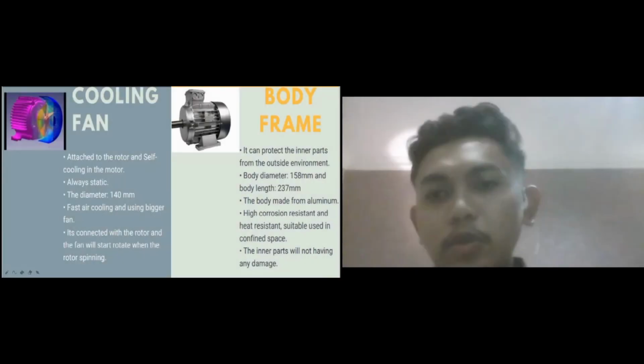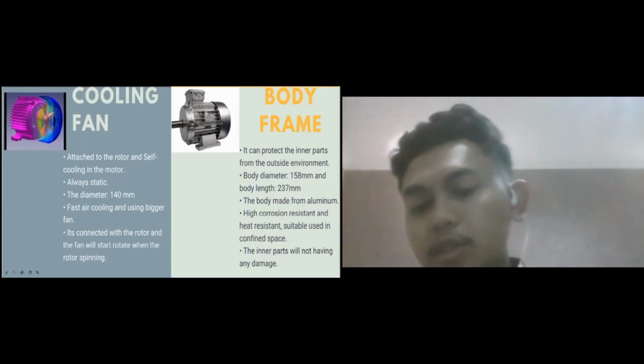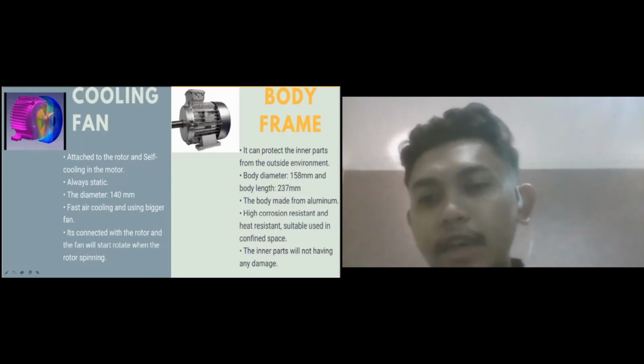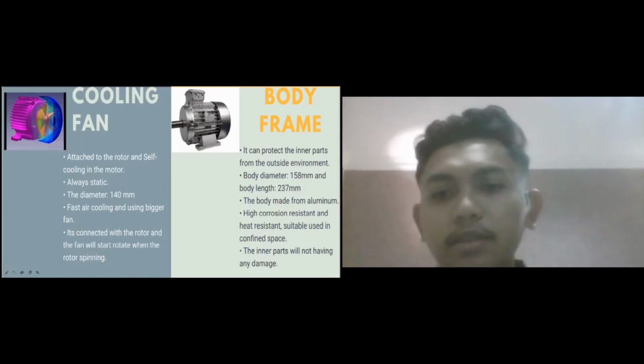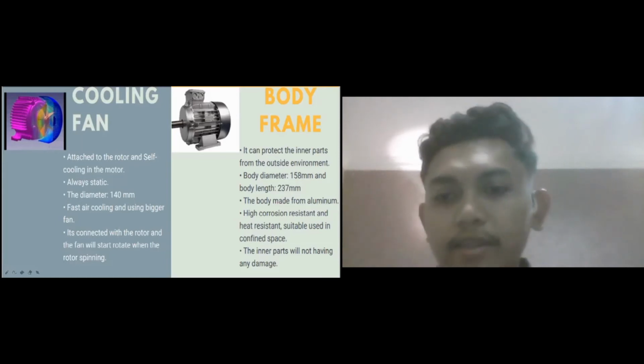The last unique part is the body frame. The body frame can protect the inner parts from the outside environment. The diameter of the body frame is 158 millimeter and the body length is 237 millimeter.